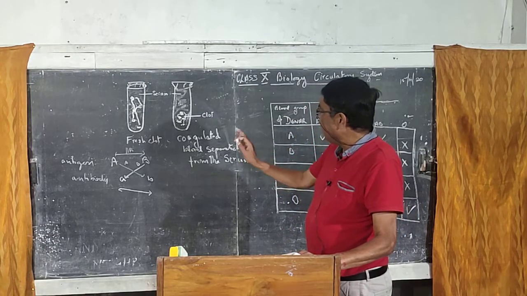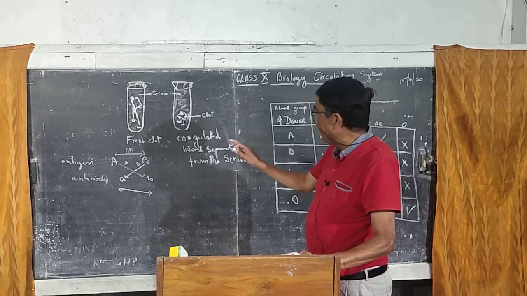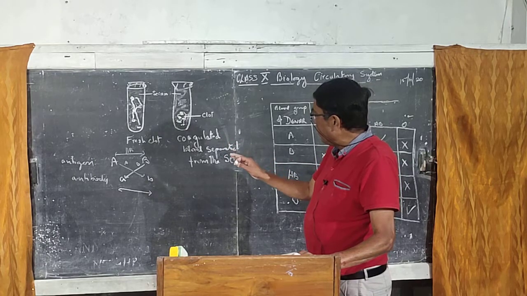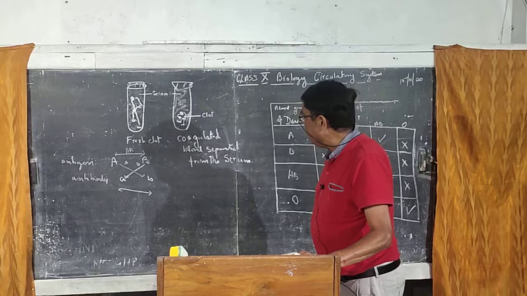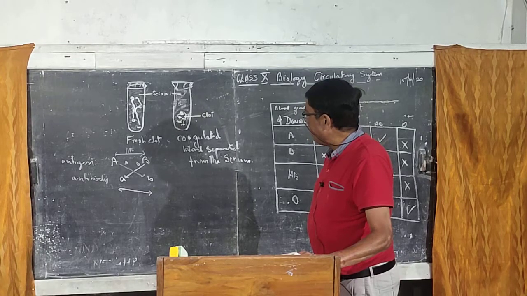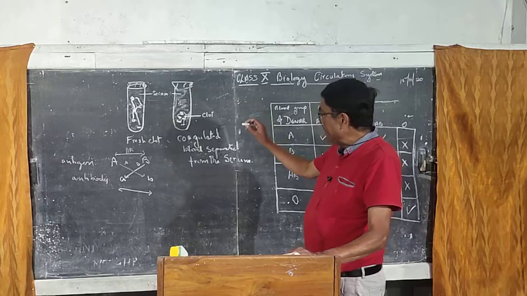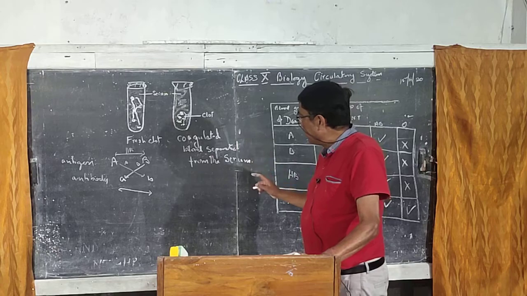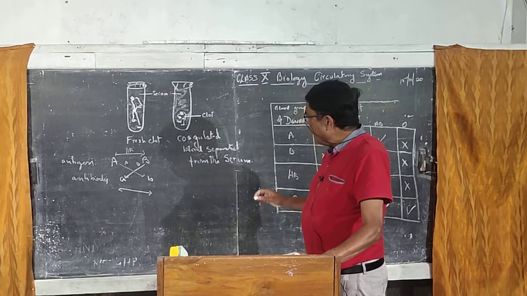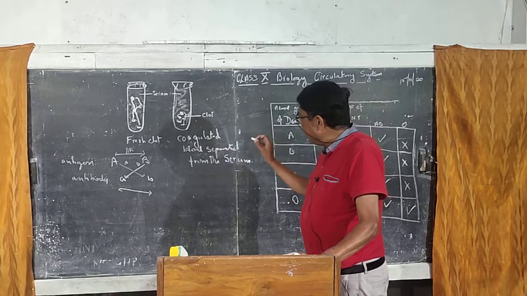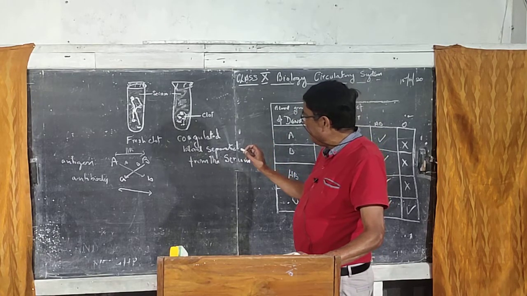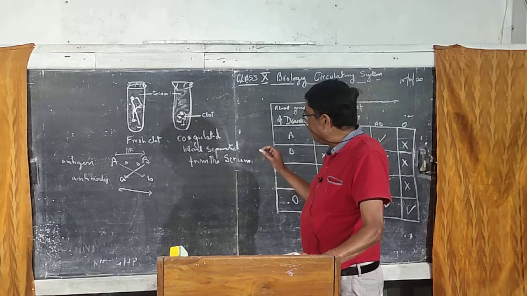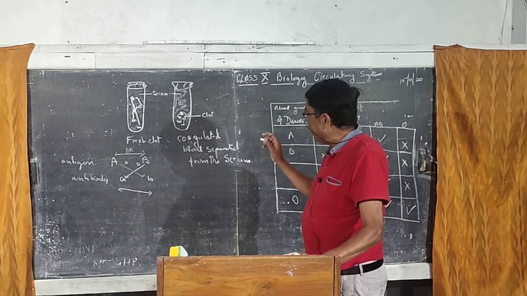So once again, capital AB is antigen, and antibody is represented by small a and b. For blood group, if you find antigen A and antibody b, that blood group is A. And if antigen B and antibody a is present, that blood group is B. And if both antigens are present, A and B, but not antibodies, that group is AB.